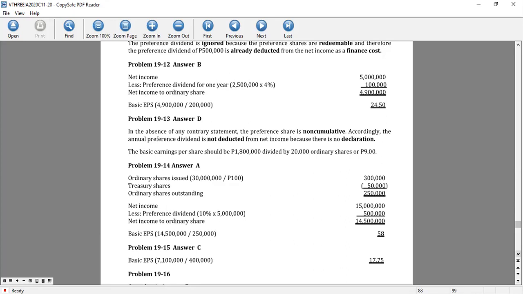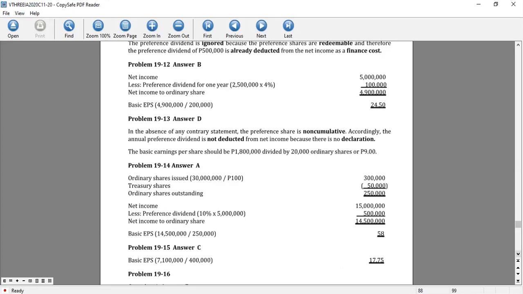Net income to ordinary shares is 14,500,000 divided by 250,000 shares computed above. We have the basic earnings per share equal to 58. Then in number 15, what amount should be reported as basic earnings per share?